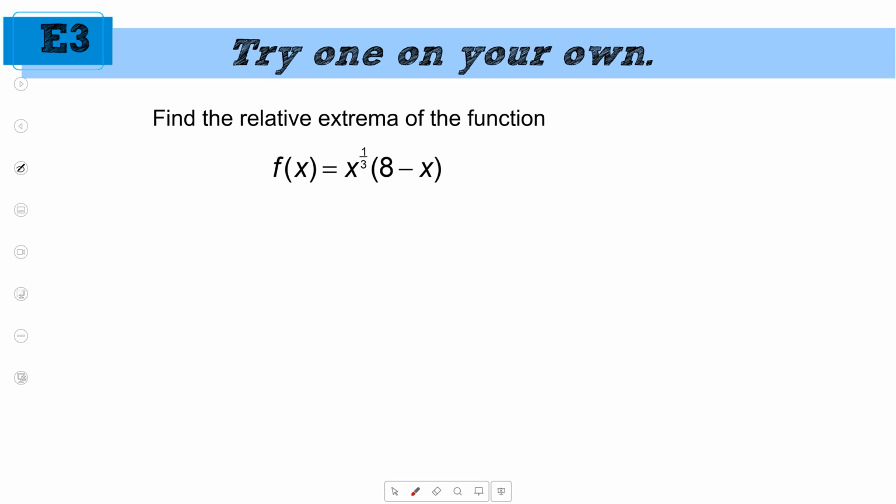By the way, as a precursor, there are two ways to take the derivative of this puppy. One way is to multiply it out, the distributive property. The other way would be the product rule. Which one you want to use is entirely up to you. Neither one is better.